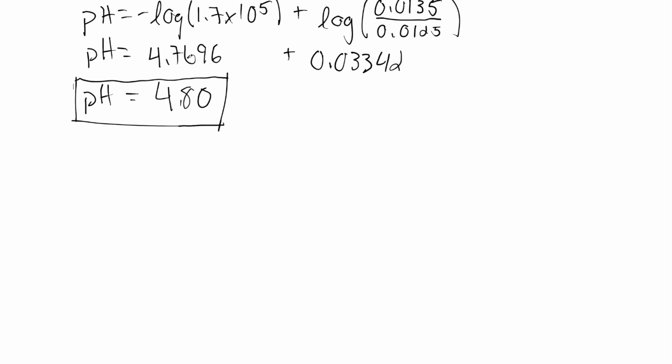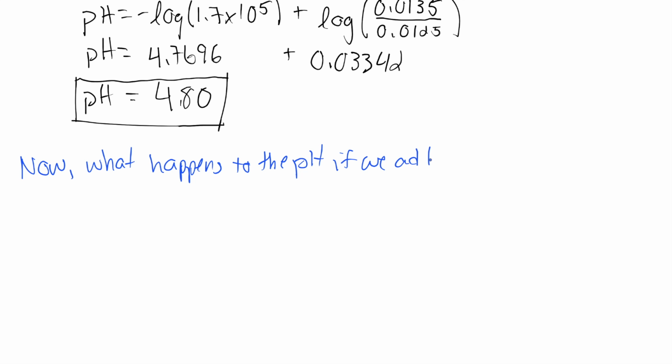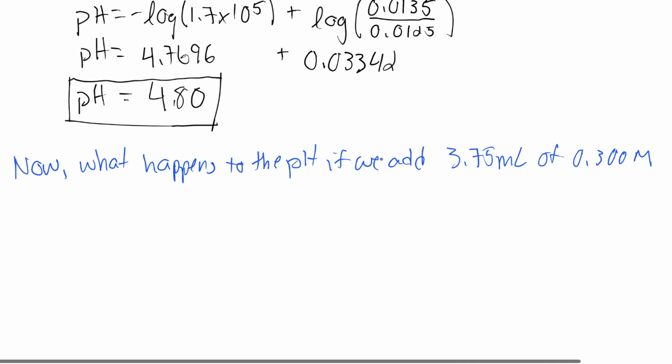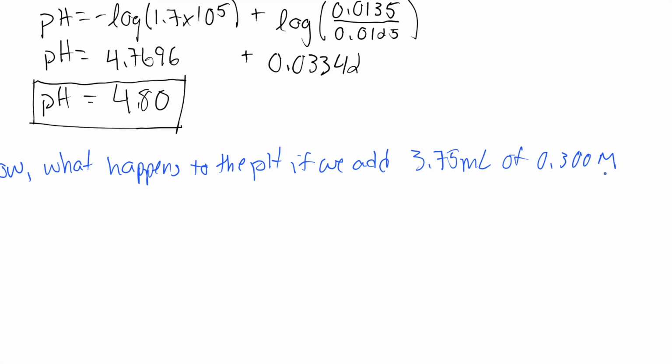So now what happens to the pH if we add 3.75 milliliters of 0.300 molar HClO4?